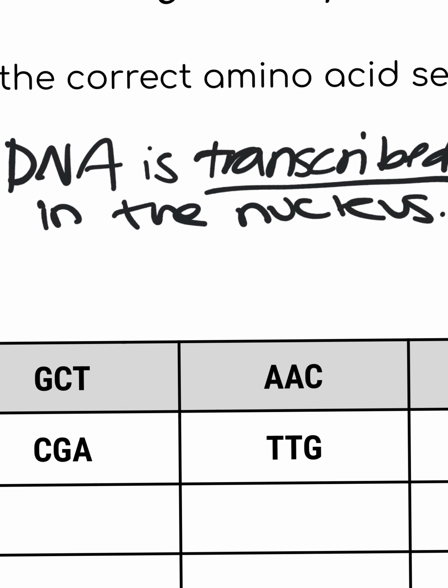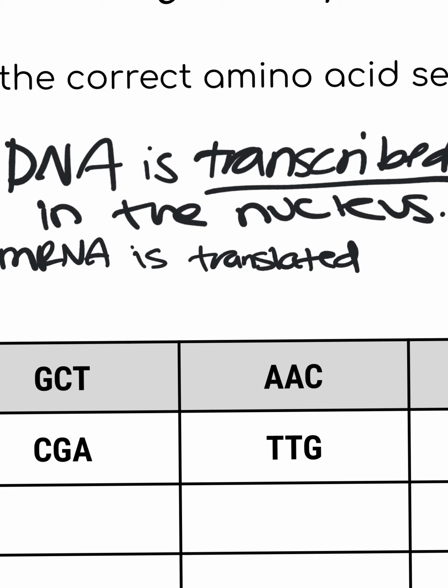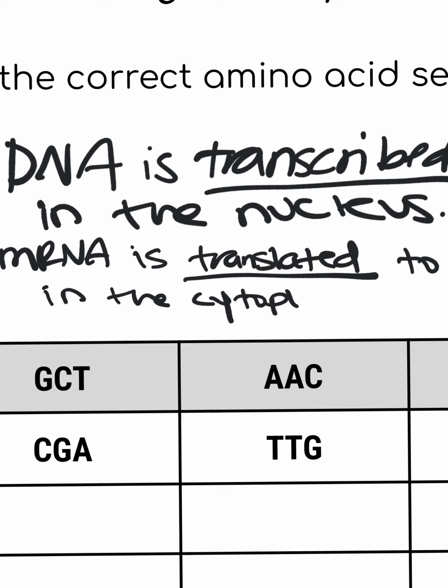Step number 2, known as translation, is when mRNA that we just made in step 1 is translated to a protein in the cytoplasm at a ribosome. Remember, that's the organelle that helps with protein synthesis.